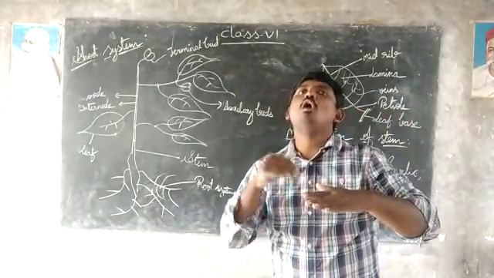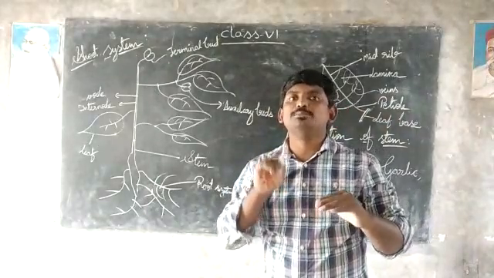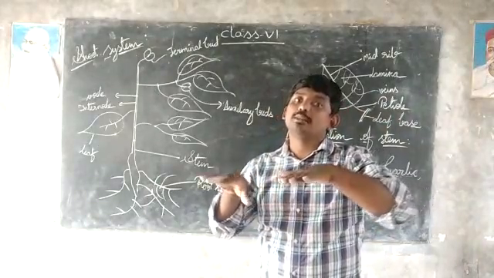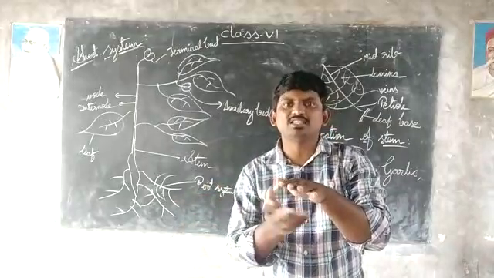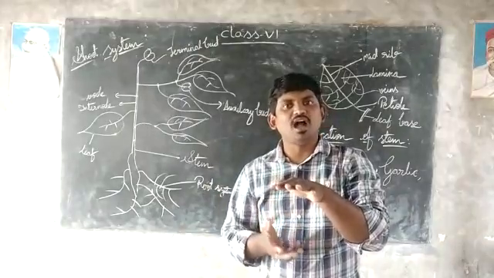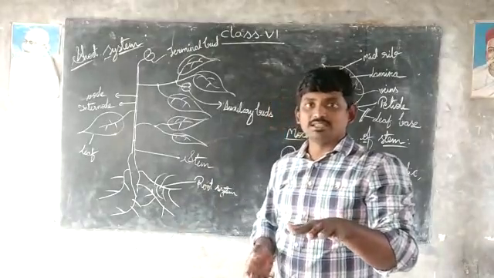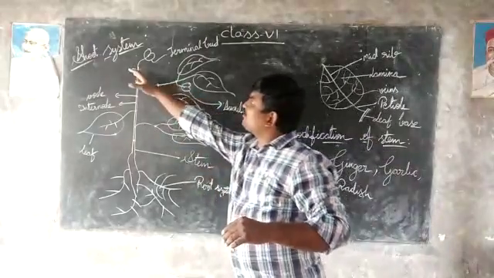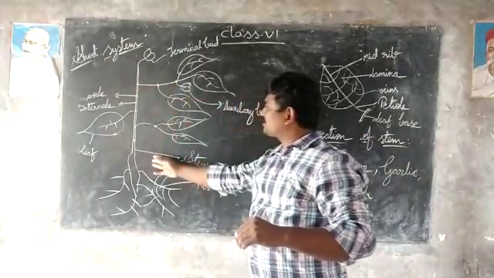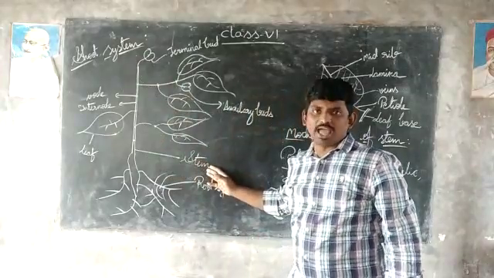The root system you can always observe under the soil level, inside the soil, but above the soil level a shoot system will occur. That shoot system is called the stem of the plant.